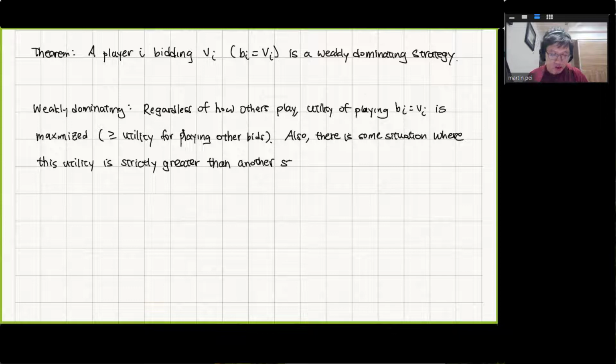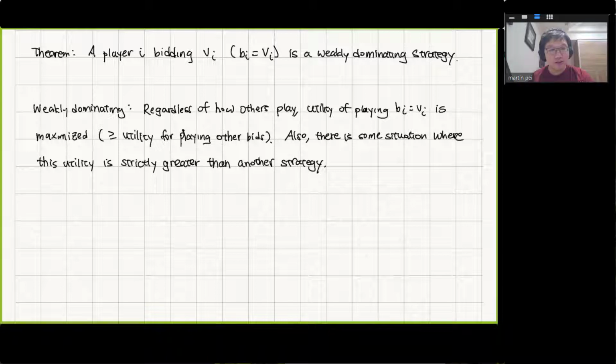There is some way of other players playing their strategies where, if I swap my strategy to something else, my utility actually decreases.